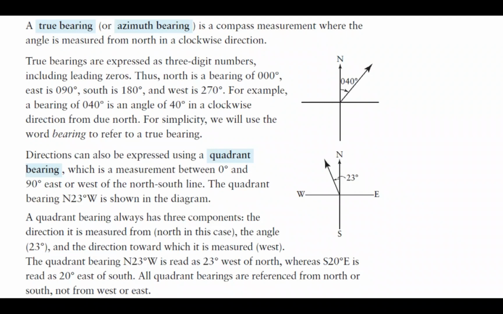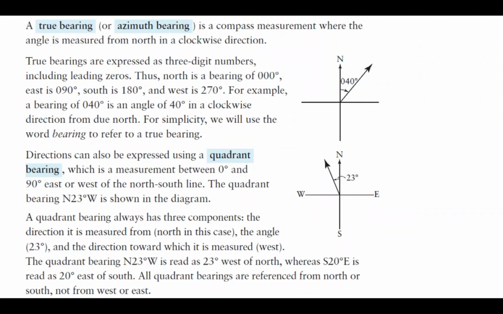A quadrant bearing always has three components. The direction it is measured from. So in this case, N is the direction that is measured from, right? The angle, in this case, the angle is 23 degrees. And then the direction toward which it is measured. So in this case, it is west.